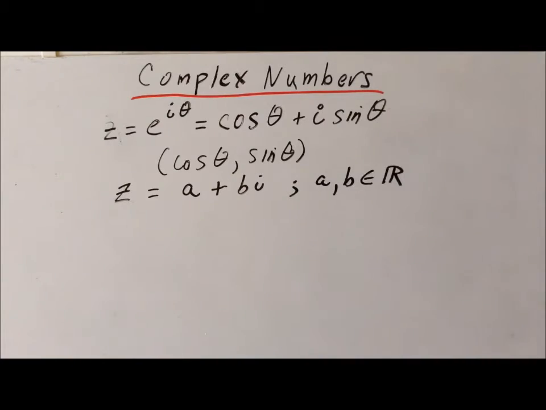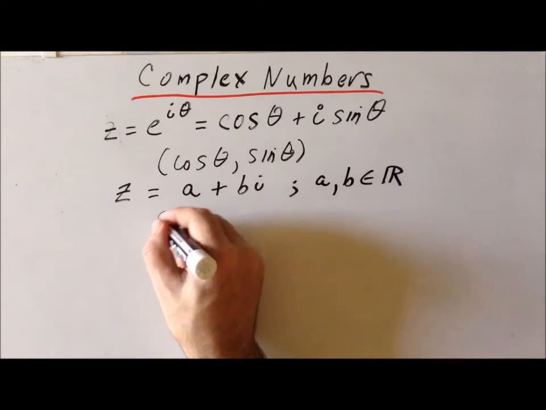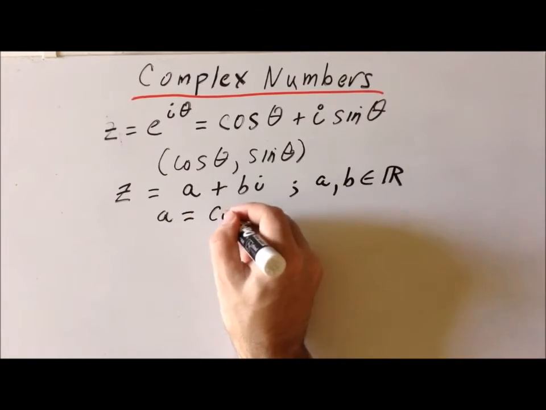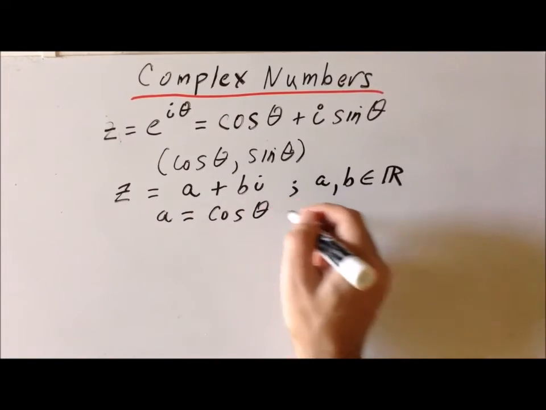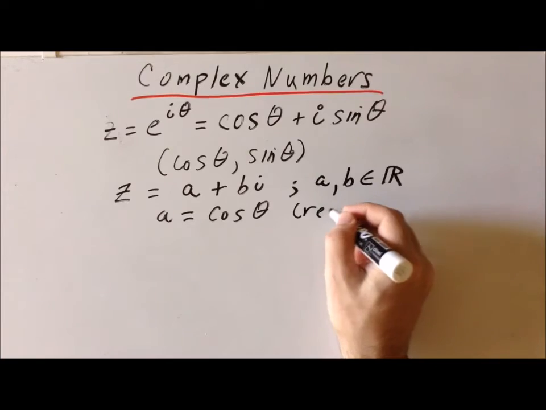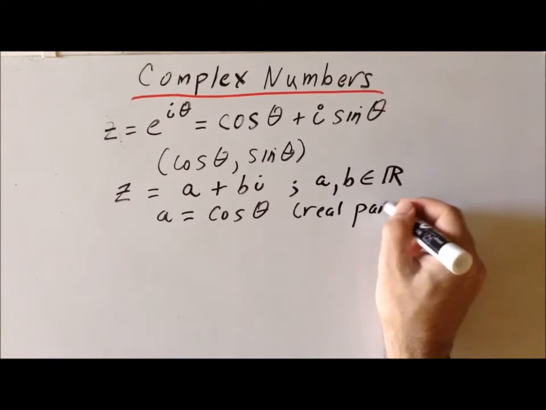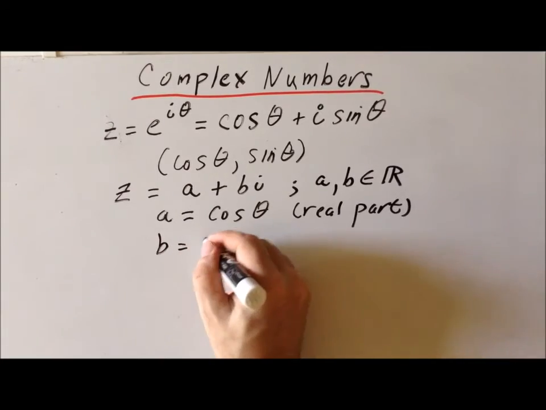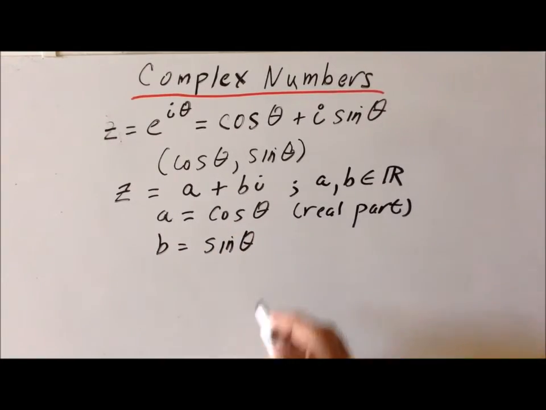So we see that a, which is the real part, is going to be cosine of theta. That's the real part. And b is equal to sine theta. And i times sine theta is going to be the imaginary part of the complex number.